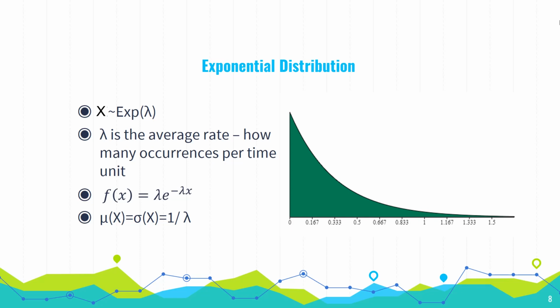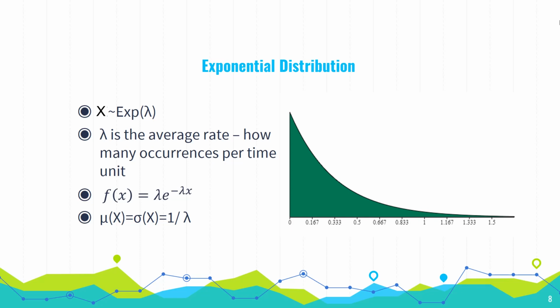To give you an example, let's say you're dealing with hours, and let's say you get 5 phone calls per hour on average. Well, you'd plug the number 5 in as your parameter, and then you could use this exponential distribution to calculate the probability that it takes 3 minutes until my next phone call, or 7 minutes, or 45 minutes, or whatever.